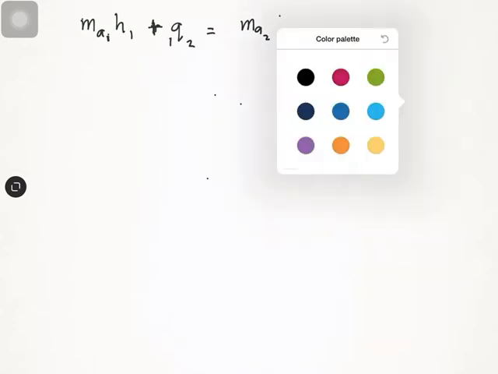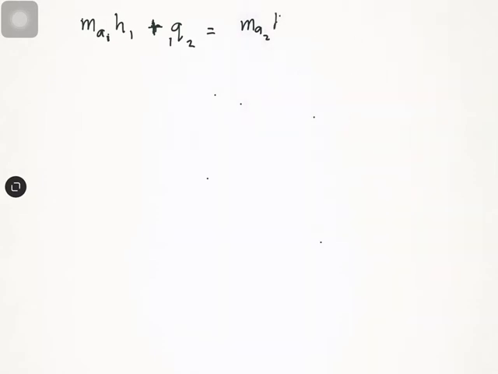So we also have the mass at point 1 equivalent to mass at point 2, and we have mass of air 1 times W1 equivalent to mass of air 2 times W2.